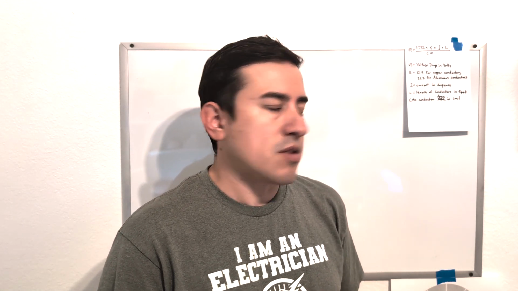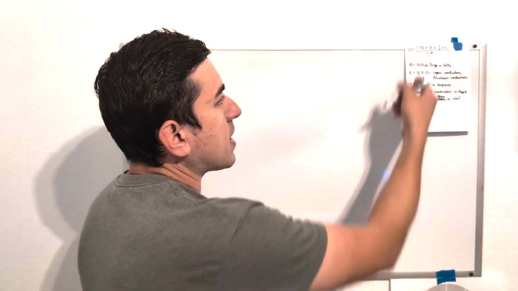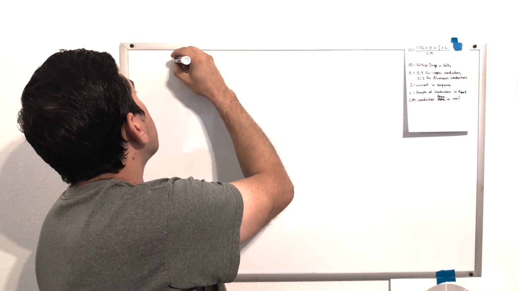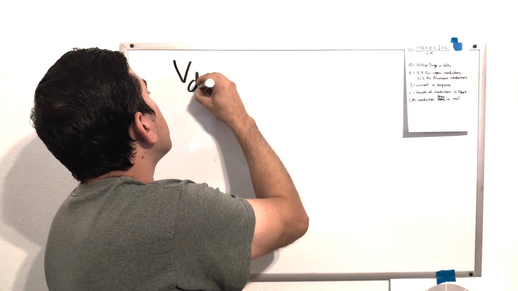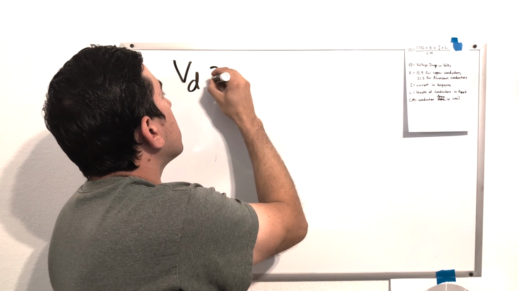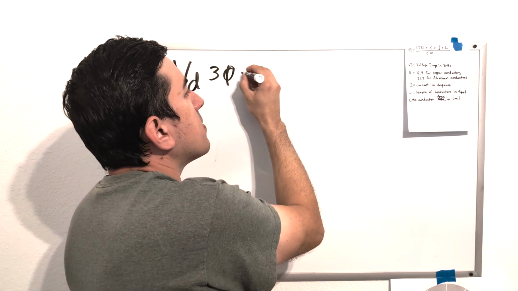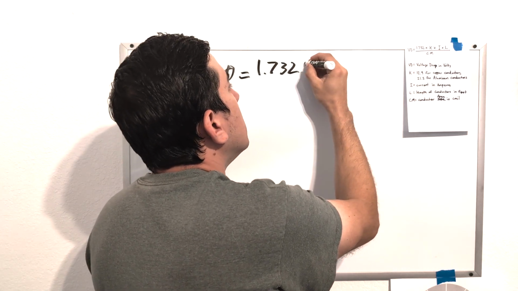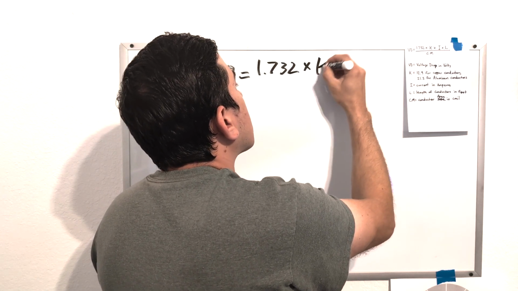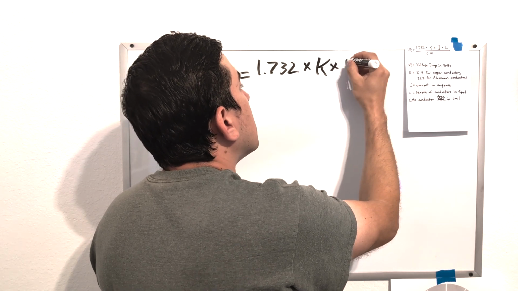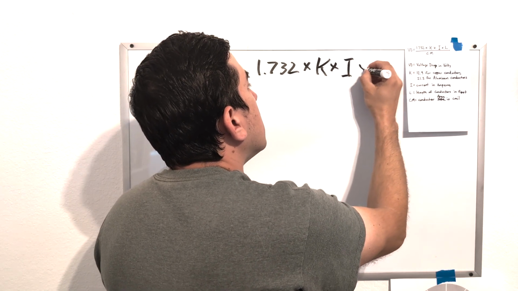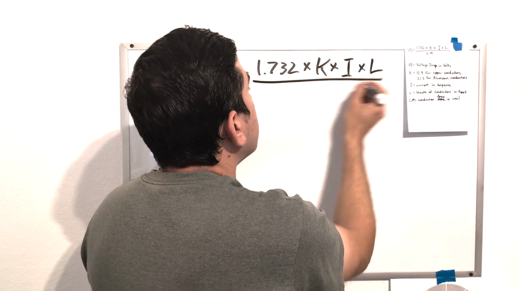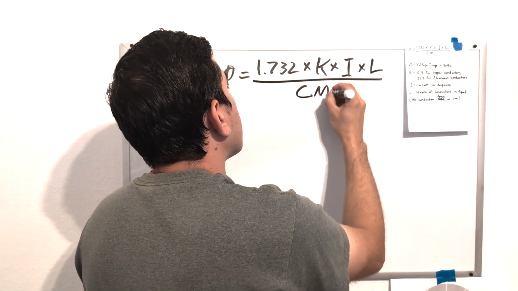We can start to look at the two formulas. So again, I have the three-phase formula, and I'll just write it in bigger up here. Voltage drop for a three-phase system is equal to 1.732 times K times I times L divided by our circular mils.